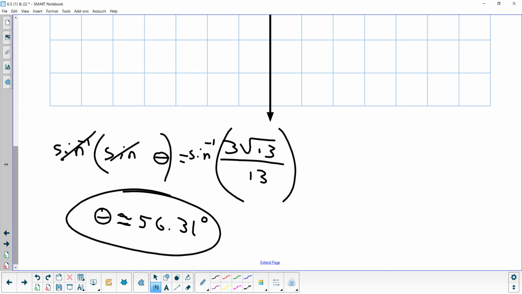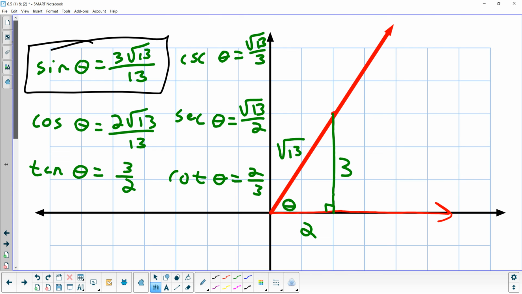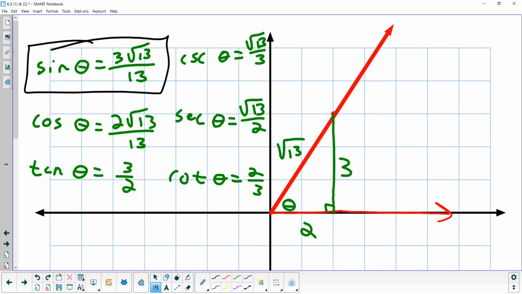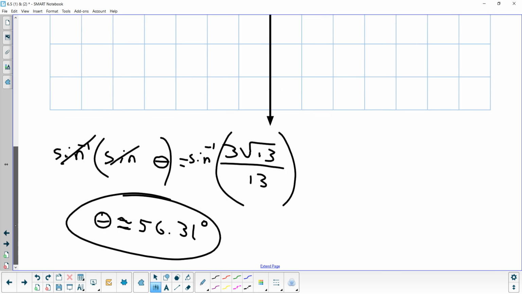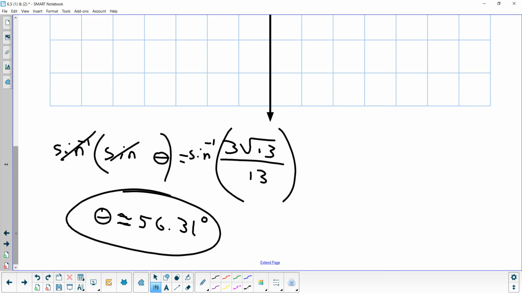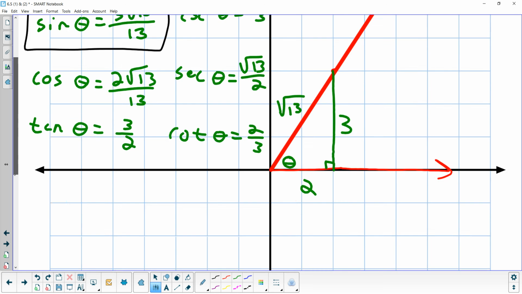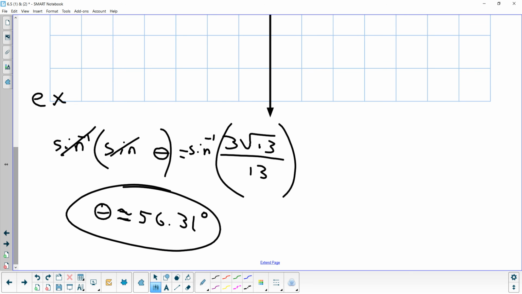You can take any one of those equations, solve it, and figure out the size of the angle. Any questions on those 6 trig functions or how I figured out that angle? Figuring out that angle was actually example 4. Solve for the angle. So we actually just did that right here.